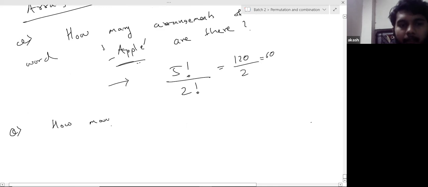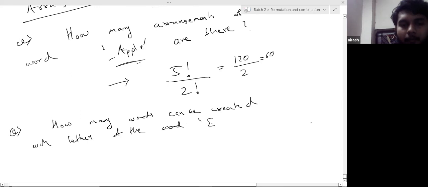How many words can be created with the letters of the word equation?